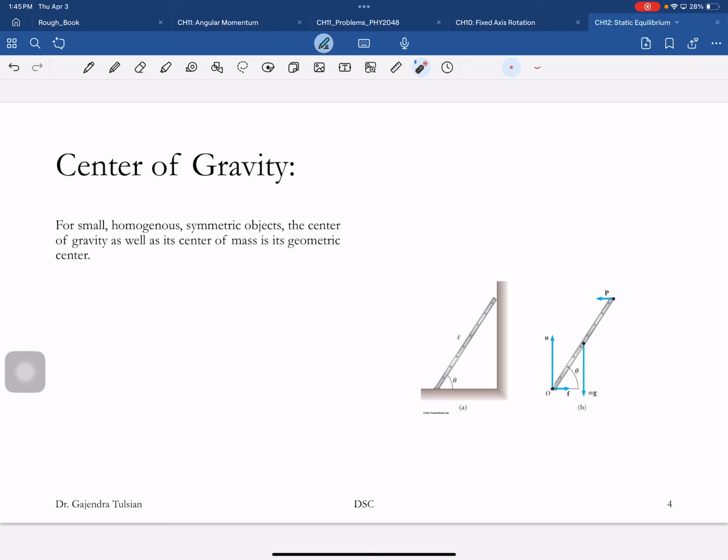So here's your object, and what are all the forces acting on it? Generally we'll consider smooth walls, so the wall can only exert a normal force on the ladder, which is that. There's the weight, acting at the center of gravity. Here's a friction force. What kind of friction force is this?